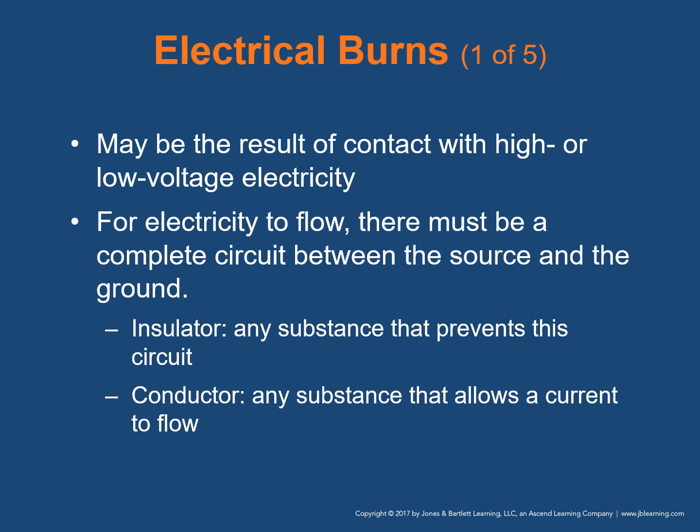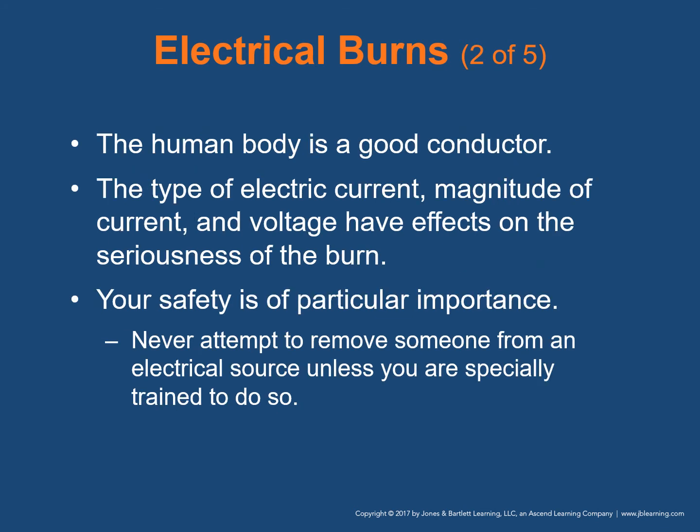And that may be the person, the individual, when they touch that current and complete that circuit. How much, how long, the flow, all are going to play a role in determining the severity of the burns.